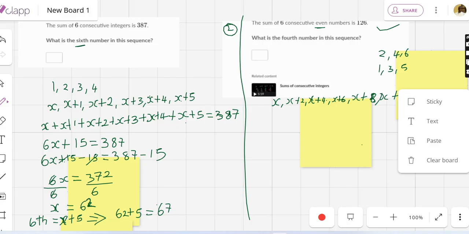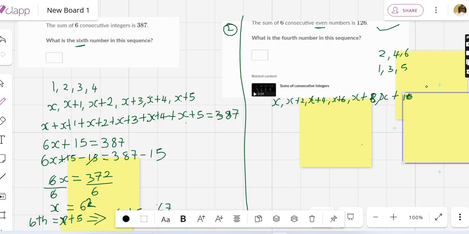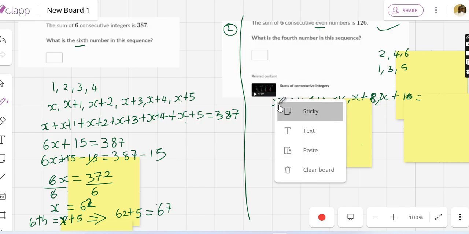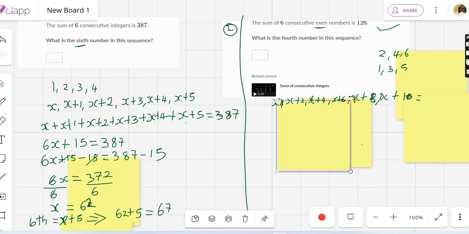So when you add them, you equate them to 126. Let's add them. Plus, plus, plus, plus.